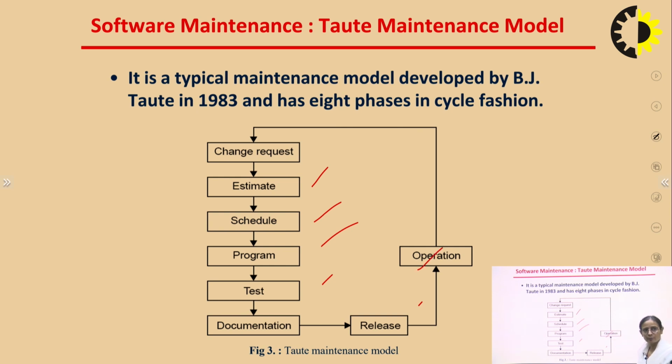Once it is operational, if some new change comes, then again make a new change request. So whenever a request comes, you make a change request, estimate its cost, schedule it, program it, test it, document it, and then again release it.